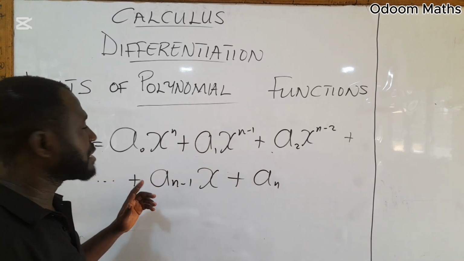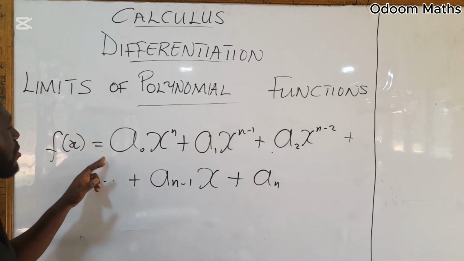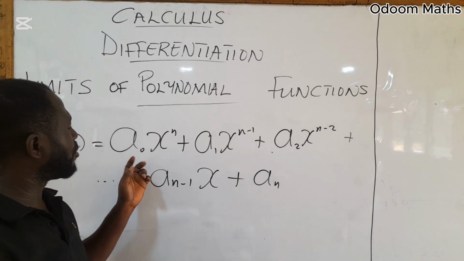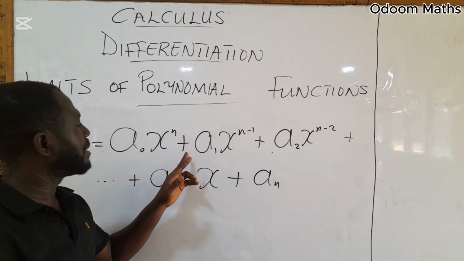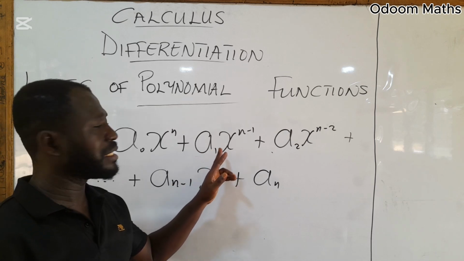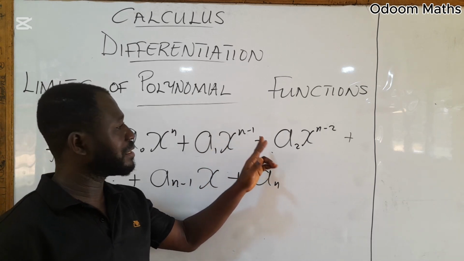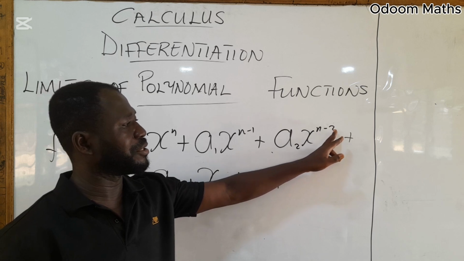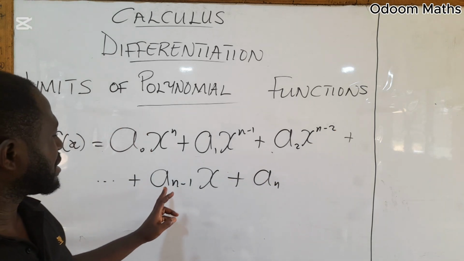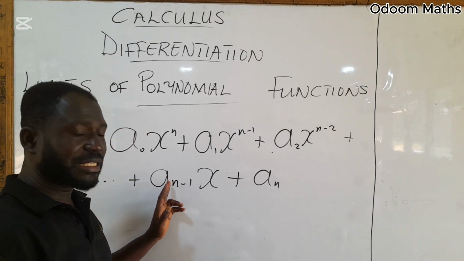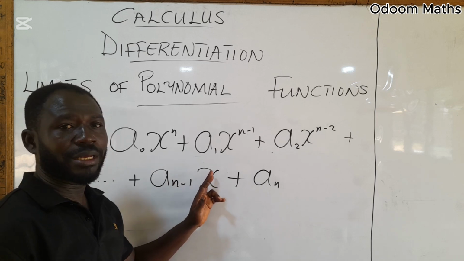So a polynomial function is given by f of x equals a sub 0 x to the n plus a sub 1 x to the n minus 1, then a sub 2 x to the n minus 2, and so on, plus a sub n minus 1 x to the power 1, plus a sub n.